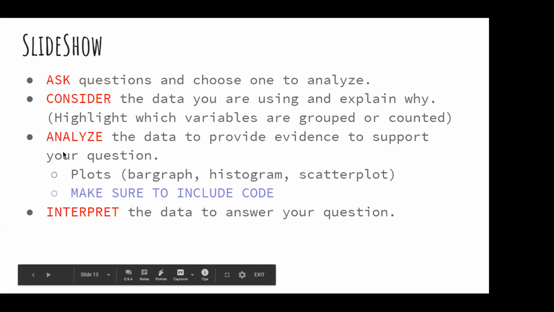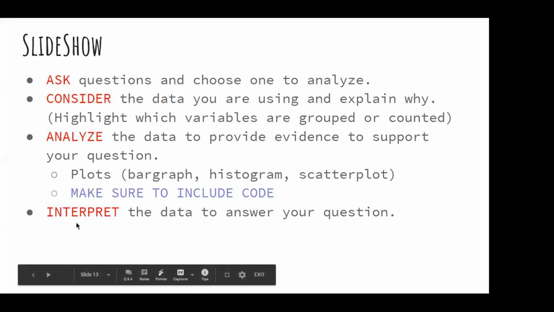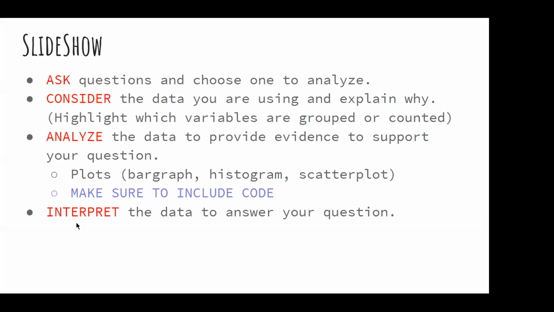Then you're going to analyze the data to provide evidence to support your question. You're going to create a graphic, such as a bar graph, a histogram, a scatter plot, or a dot plot, and use that to interpret your data to answer your question.